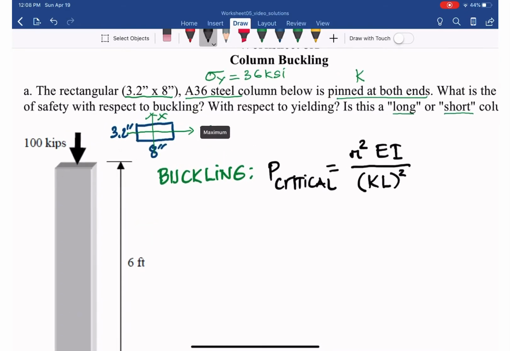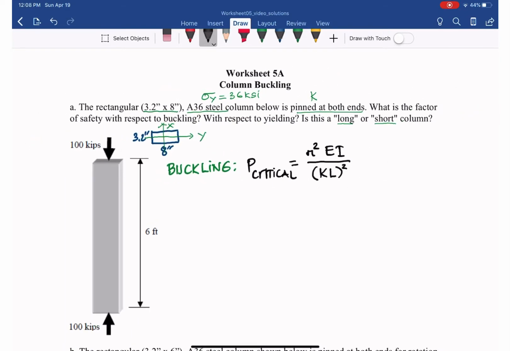For Ix, x is perpendicular to the 8 inches as shown, so Ix equals 3.2, which is the parallel, times the perpendicular cubed, h cube, divided by 12.